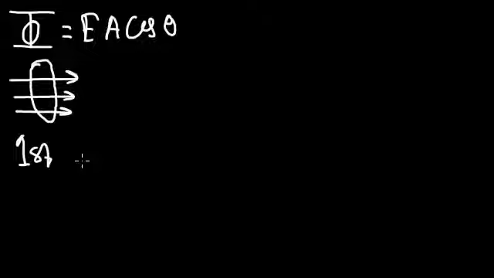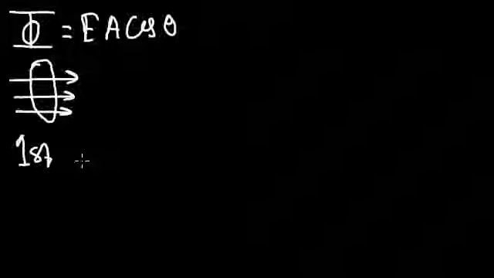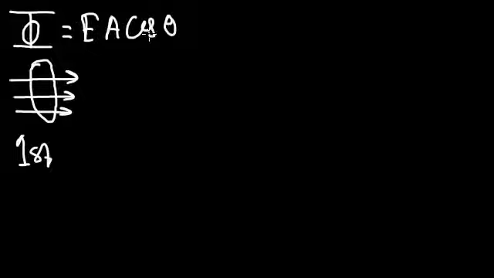So tell me, what is the cosine of 0? 1, right? Excellent. So when the surface is perpendicular to the field line, to find the magnitude of the electric flux, just multiply the electric field and the area of that surface. Am I communicating? Excellent.